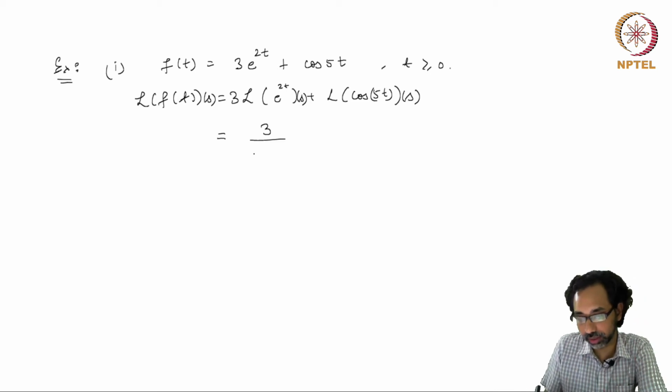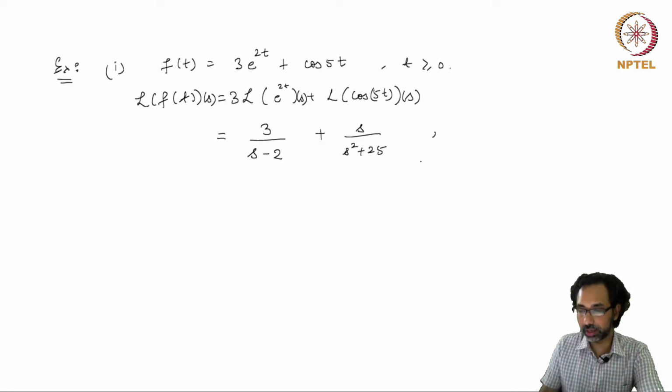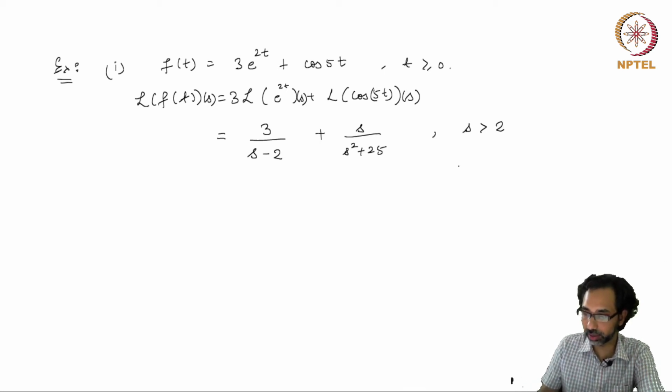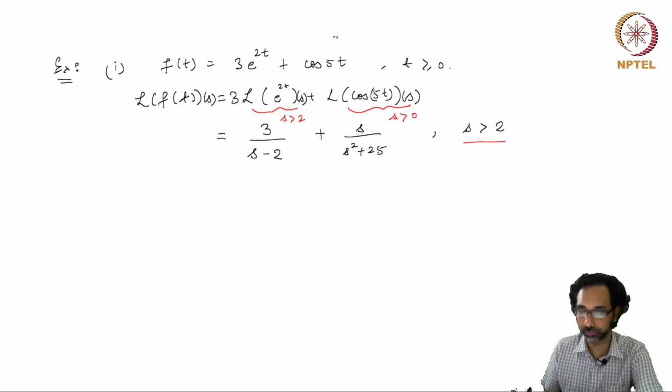The first one is simply 3 over s minus 2, and the second one is given by s over s squared plus 25, and the region of convergence is the intersection of the two regions of convergence, which is here simply s greater than 2, because this one is defined for s greater than 0 and this one is defined for s greater than 2. So the intersection is simply s greater than 2.